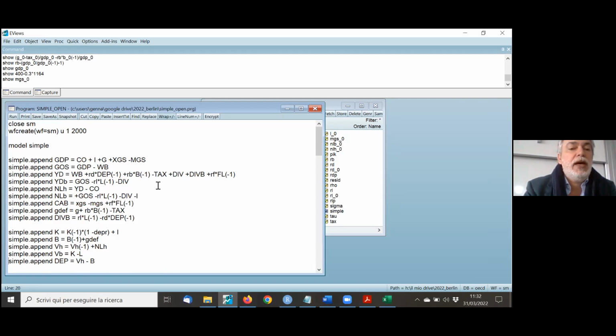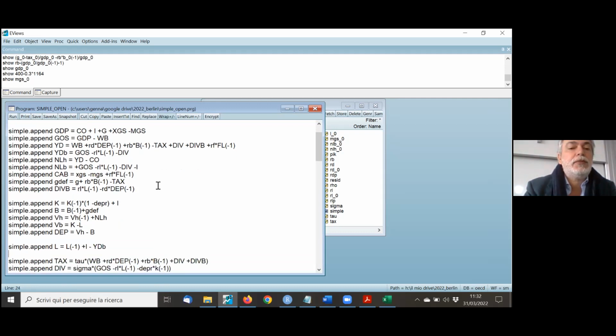We need to add the change in liabilities, and we said that they will be given by the current account balance. So if the current account balance is positive, this means the foreigners have to borrow and increase their stock.